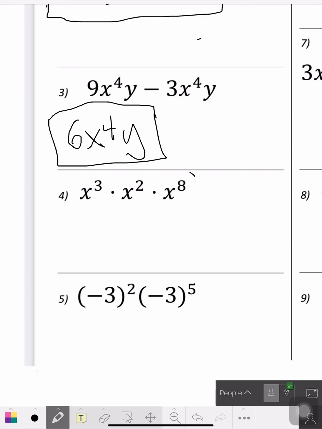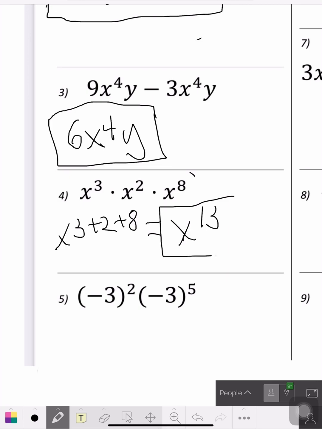This is really x to the 3 plus 2 plus 8 equals x to the 13th. And that's all there was. We just add them. Go on to the next one. Now, what they really did, it's the same as above. Instead of having an x, they got a negative 3.